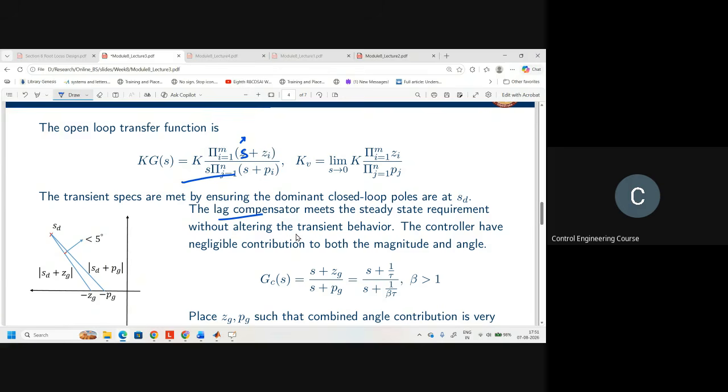without altering the transient behavior. That means you keep the Sd like that, but yet you have to reduce the steady state error. So that's your argument.